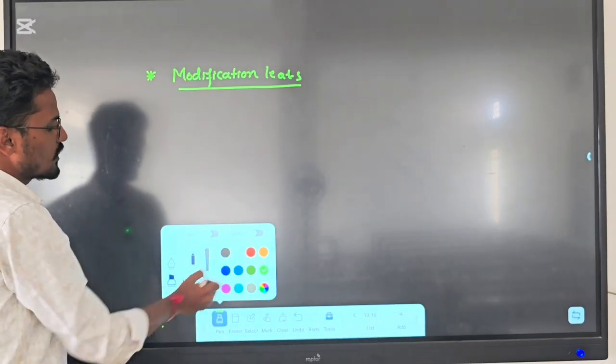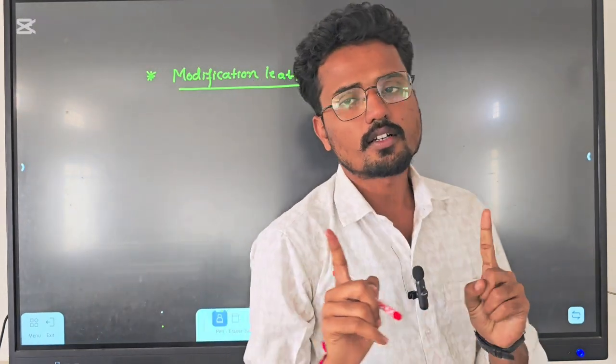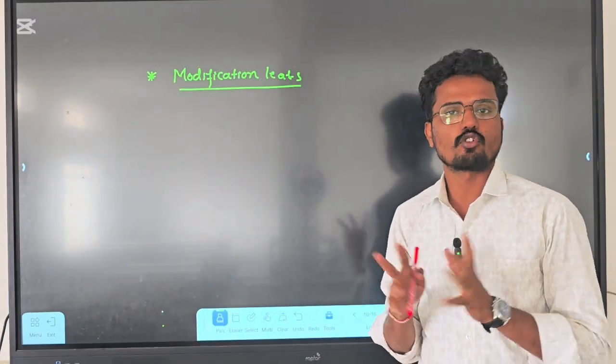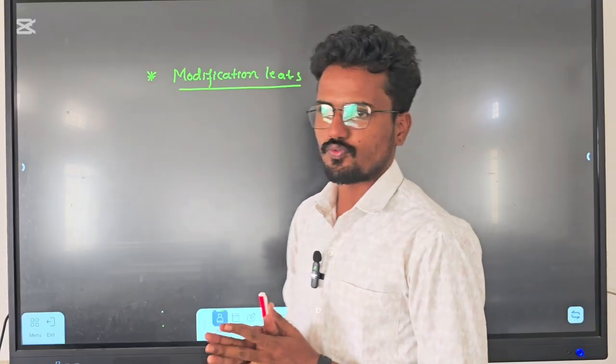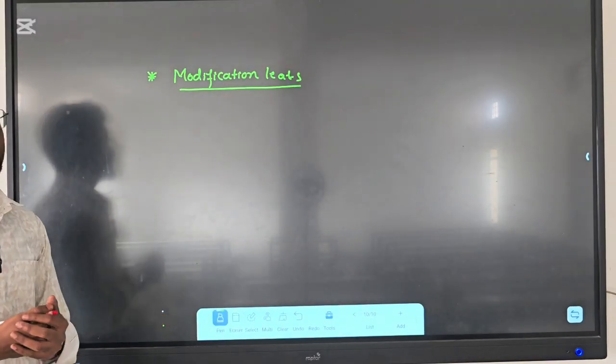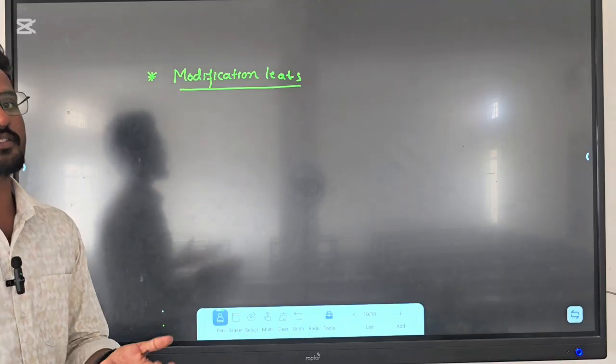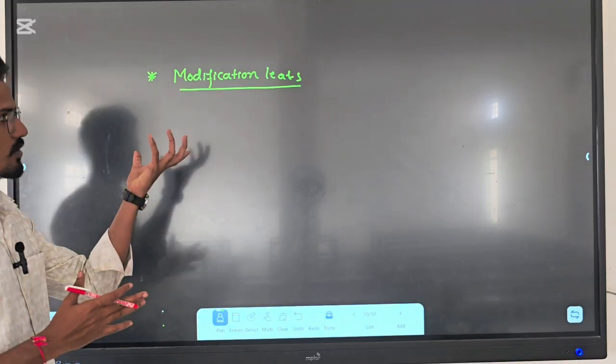Usually we know that the main functions of leaves are photosynthesis and transpiration, as we have studied. But apart from photosynthesis, the leaf performs other functions also by modifying itself. That is called modification of leaf.